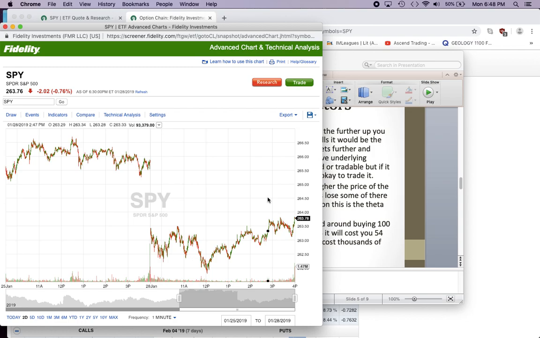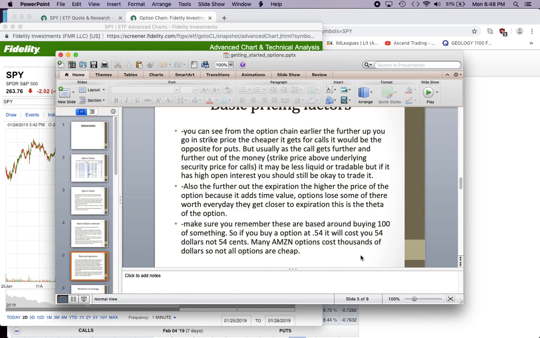Really, 250 or 245 puts would probably be at pennies for close expiration, because you don't really expect a move that far. Options are all priced on probabilities, and with the current implied volatility we have, the probability of that over the next couple days is very, very low. So since it's almost zero probability, the option is priced at almost $0.